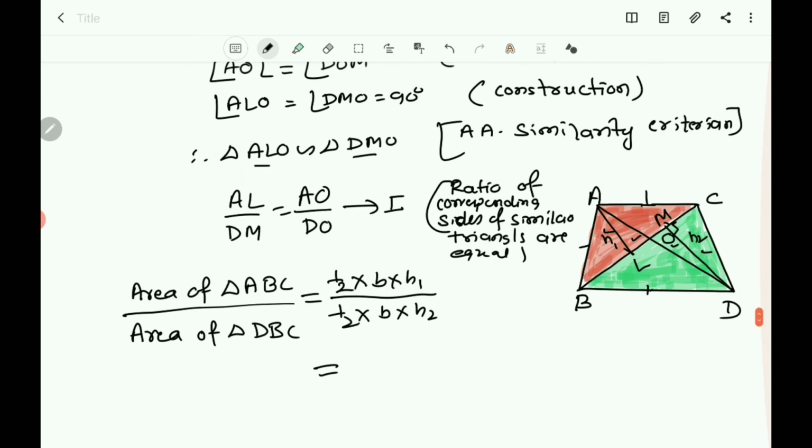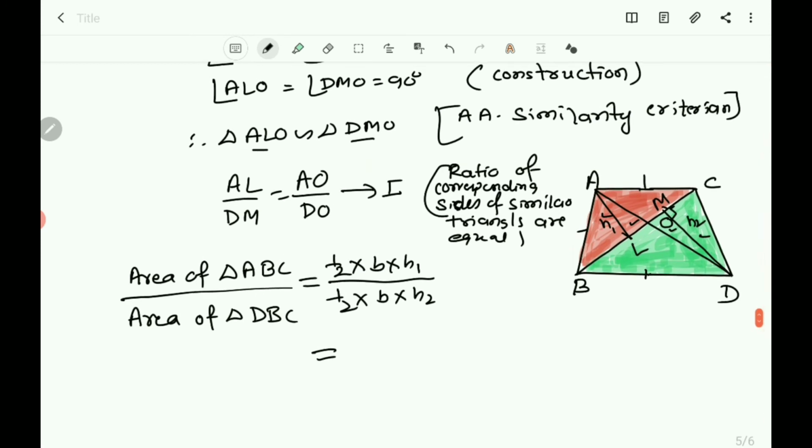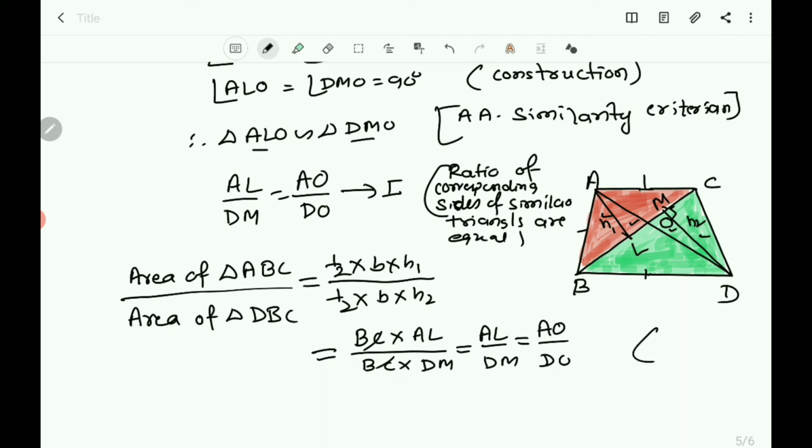That half and half cancels here. So you will get, B is base BC, that is equal to BC into H1 is AL by BC into H2 is DM. That is equal to, BC cancels, AL by DM, and from 1 you can write AL by DM is equal to AO by DO. AO by DO, that is from first.